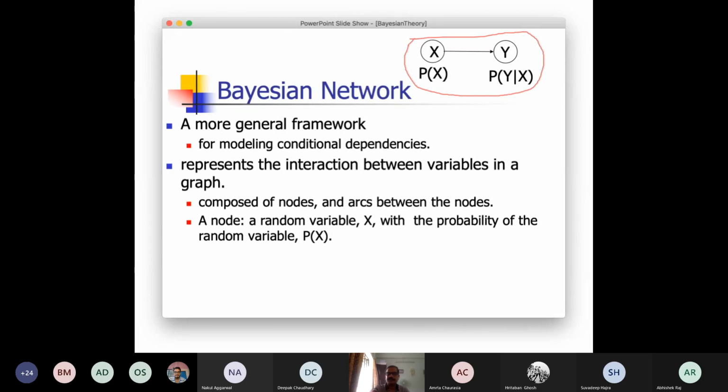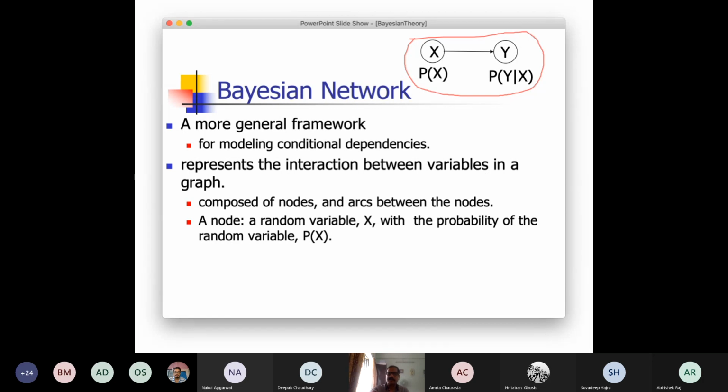You have two random variables, x and y. They are represented by these nodes. This arc represents the conditional dependency of y on x.